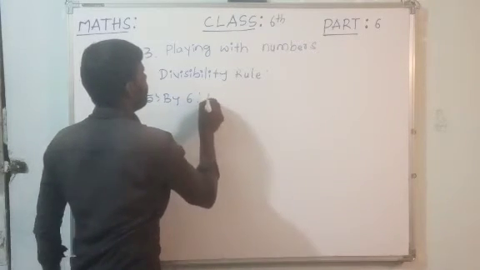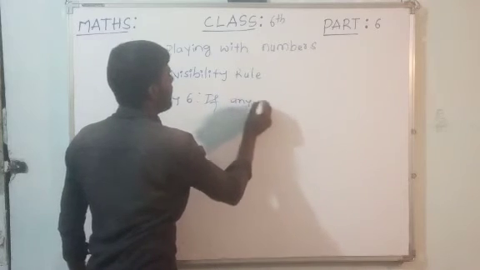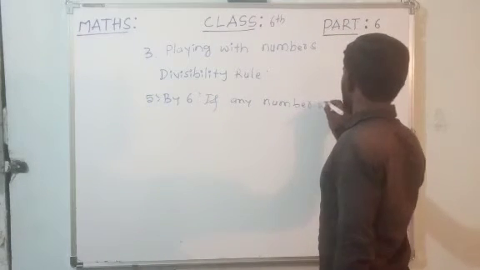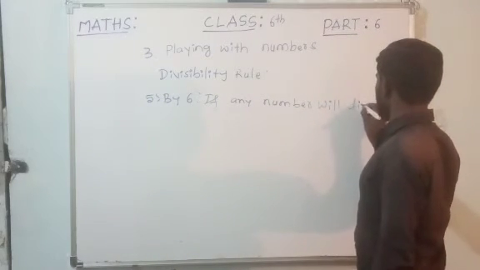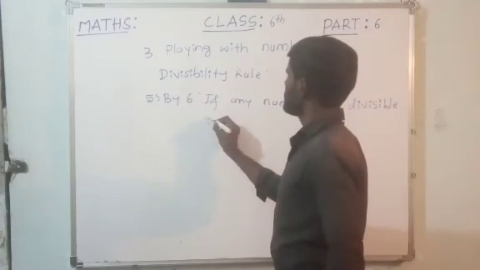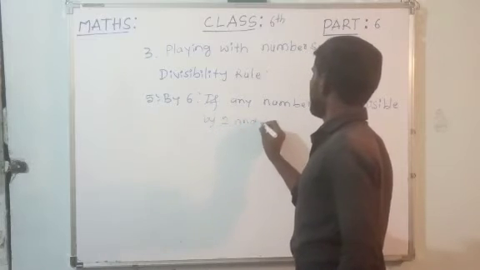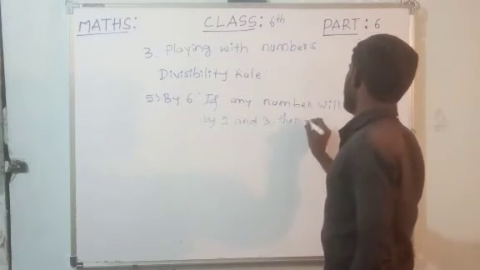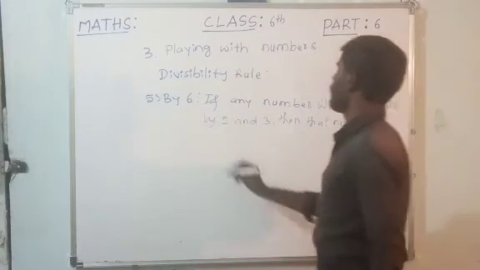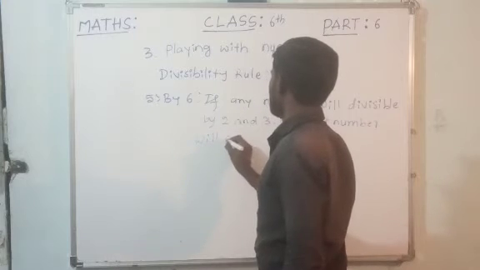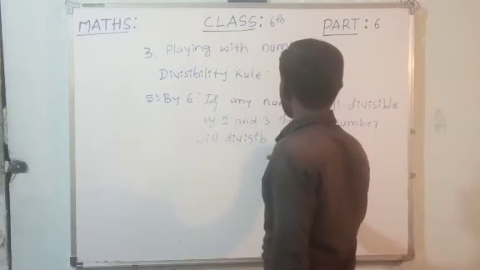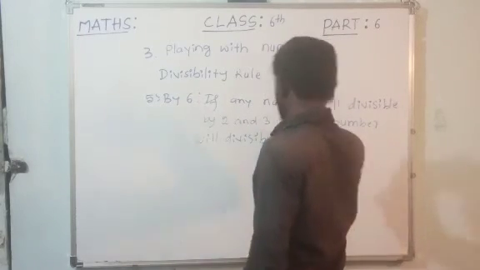Its rule: if any number is divisible by 2 and 3, then that number will be divisible by 6. Here is a very important thing.